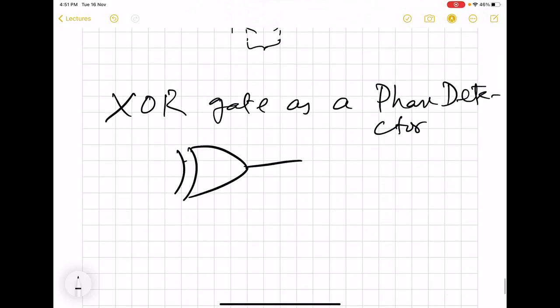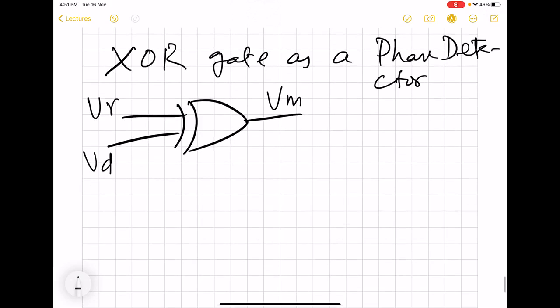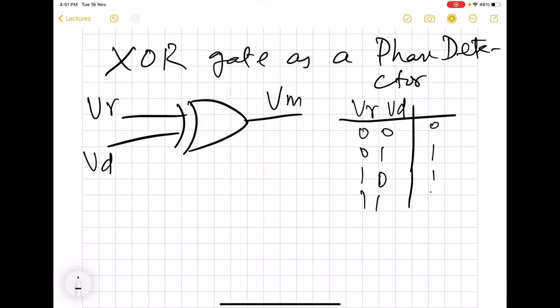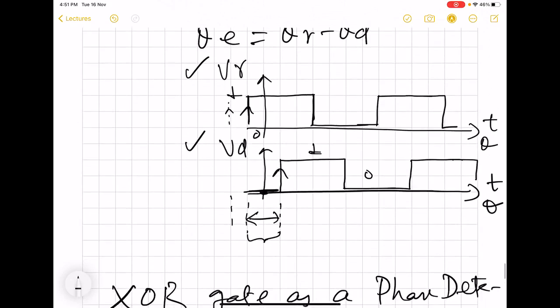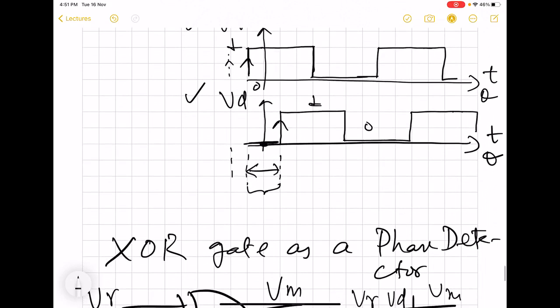So here we have an XOR gate, and we feed it with the two signals, and then we want to see what will be this VM in this case. For XOR, we are going to get this output. Now let us see what the output will be for this case.